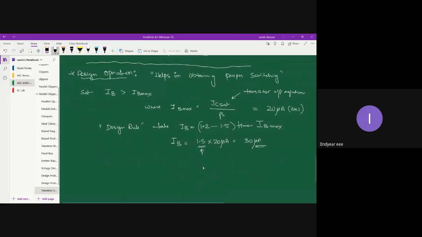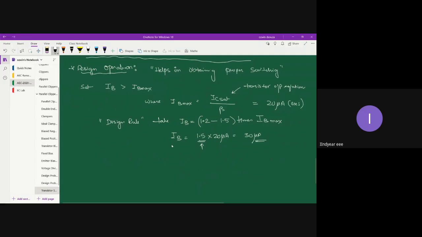Once this IB is found, you can find RB, the base resistance. So RB is VI minus VBE divided by IB, where IB is substituted from the previous step. So a 3-step approach you have to follow.